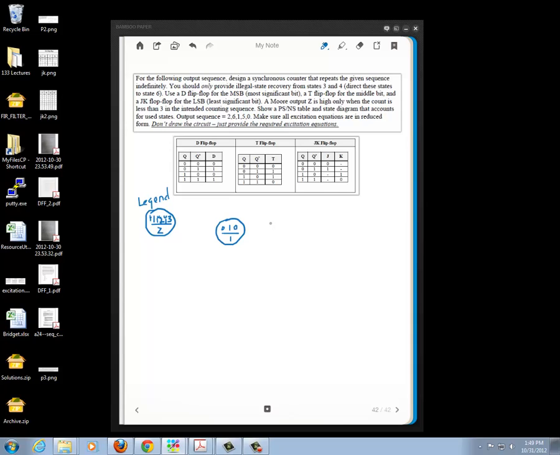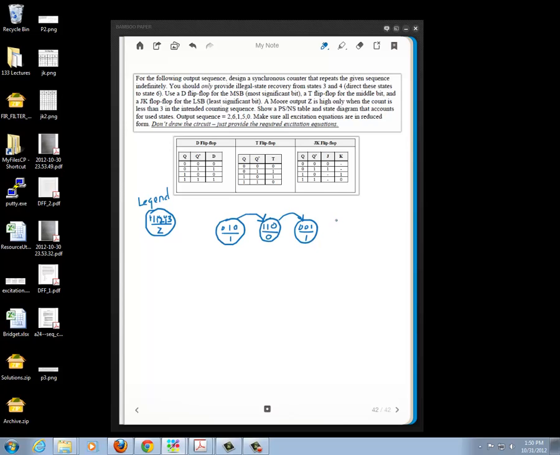Alright, so from 2, we want to transition into state 6. So we're going to have 1 1 0, and a Moore output of 0 because that's not less than 3. Then that's going to go to state 0 0 1, and it's going to have a Moore output of 1 because that's less than 3.